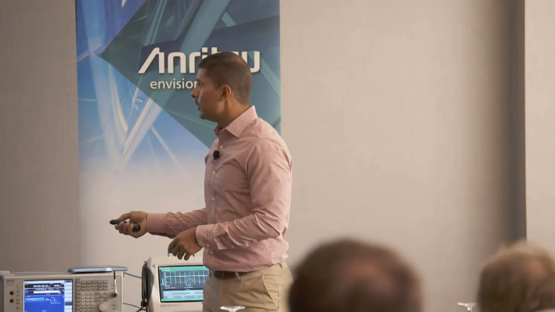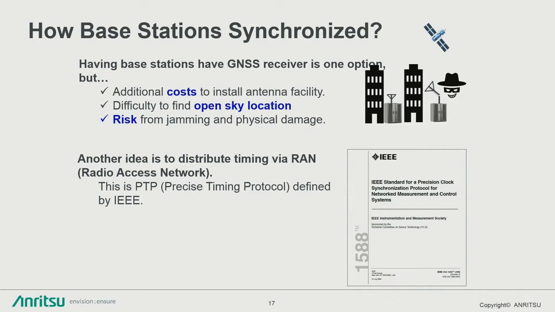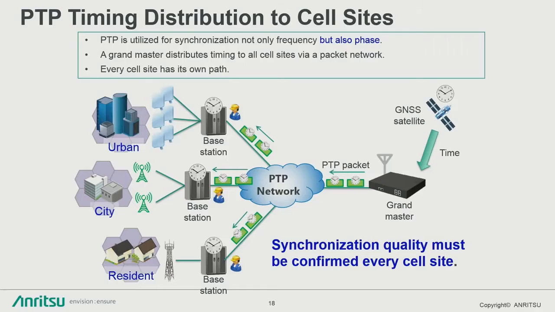IEEE introduced what's called Precision Time Protocol many years ago. It's IEEE 1588 V2. This has been around for quite some time. It's nothing new. It's basically the ability to take synchronization from a grandmaster site, your reference point, and take that timing and distribute that synchronization through your already existing fiber optic network.